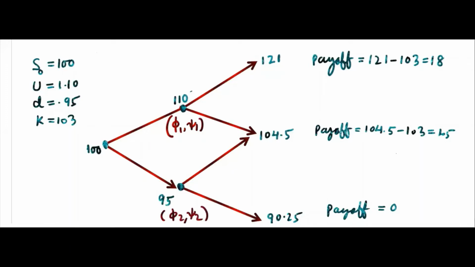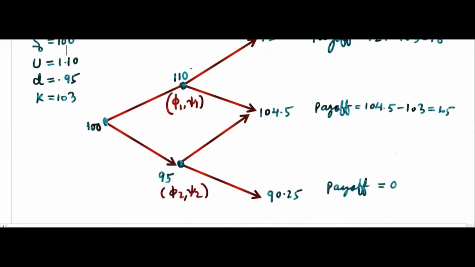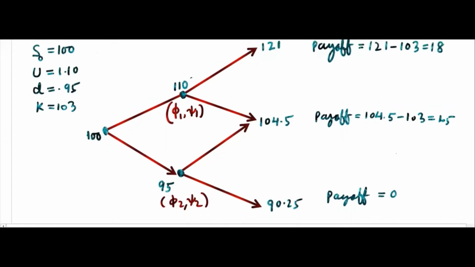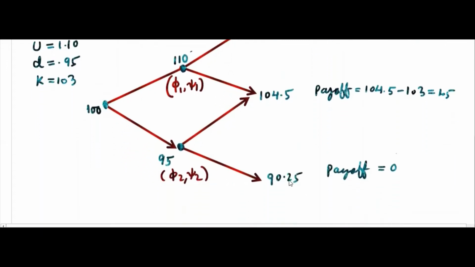Now we'll form the equations. Starting from here, we know that S0 is 100 and S1 will be either 121 or 104.5. In the second one, S0 is 95, and S1 will be either 104.5 or 90.25. That way you need to solve.